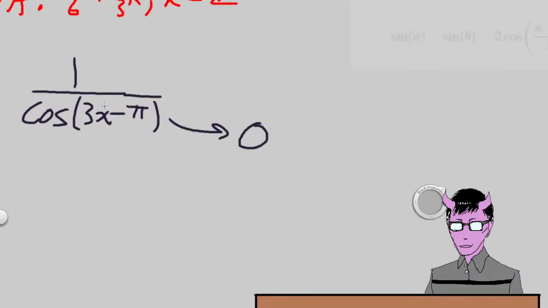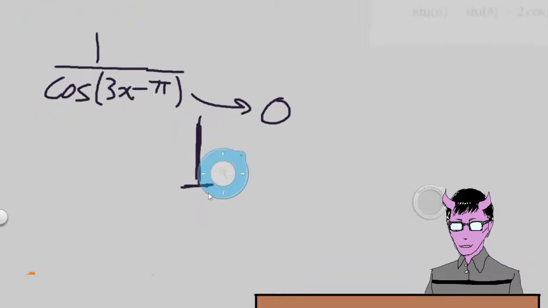So the question is, what does the argument as a whole need to be in order to produce a 0 result from cosine? Well, cosine will get you 0 if you input the interquadrant angle number 1 or interquadrant angle number 2. But let's find this one first, because to get from this first one to the second one is just a matter of adding or subtracting iterations of pi.